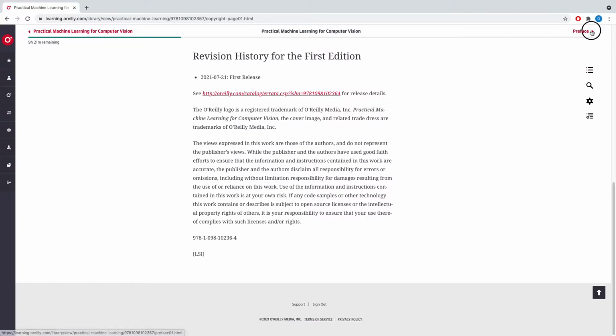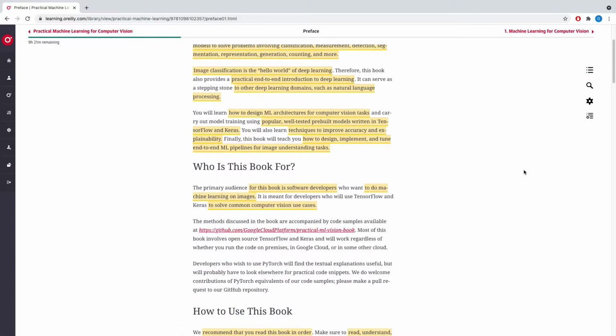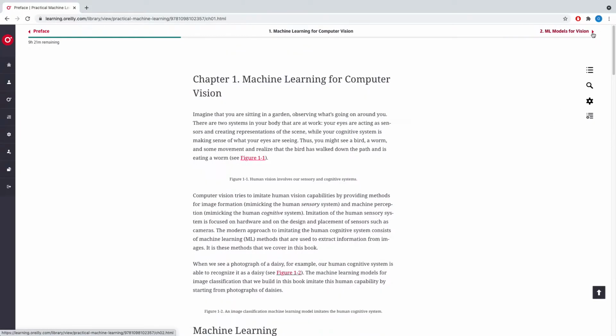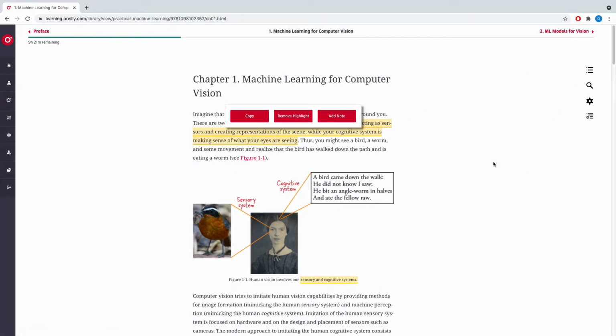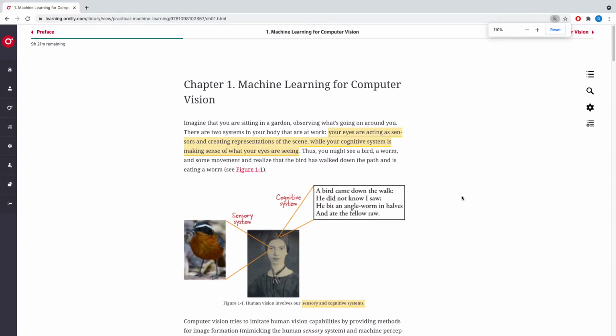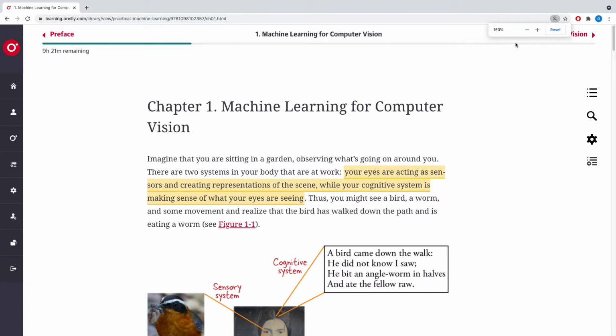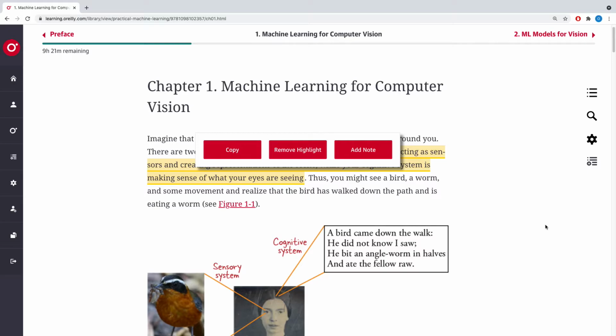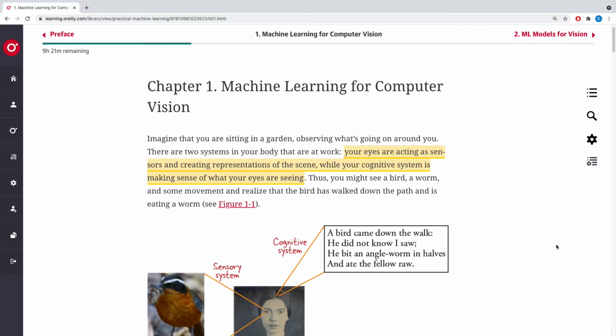We quickly look at the very first chapter, which is machine learning for computer vision. Here there are a number of things that I've highlighted that are important. Quickly, you talk about computers as compared to humans.